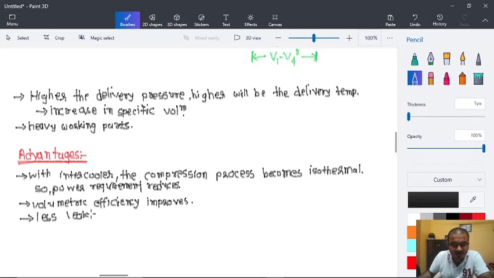Why is there less leakage loss? Because the working temperature range becomes lower in comparison with single-stage compression. When the temperature is low, lubrication is done in a better way, so this will yield lower leakage loss. And next is light construction. Light in construction, that is the advantage.